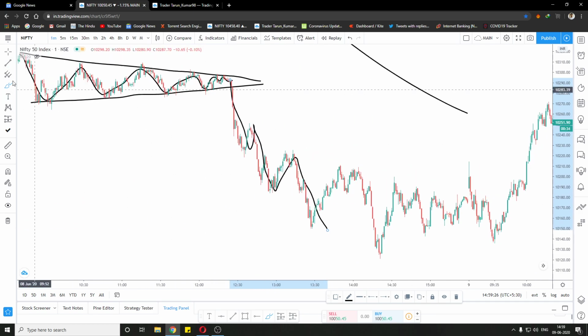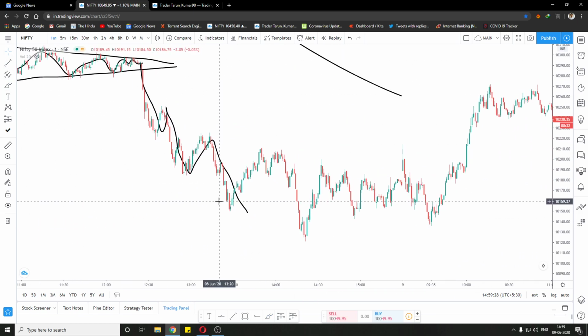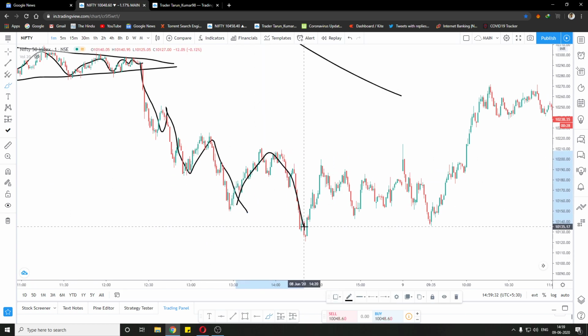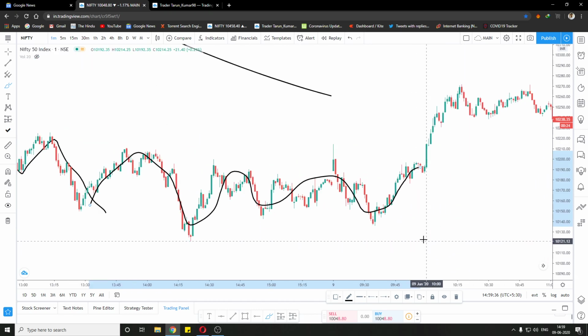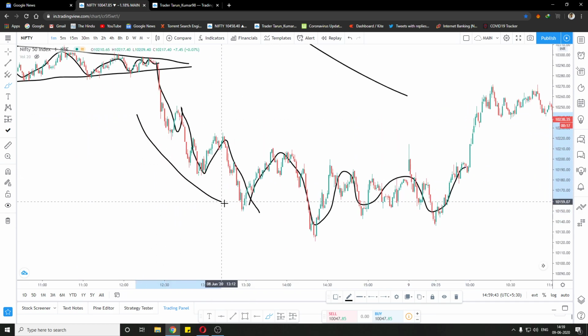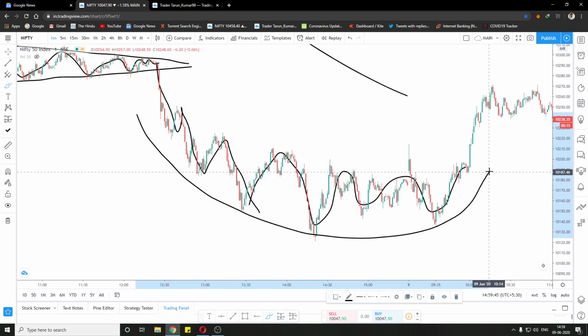And then we had this rounding bottom forming, and this is our rounding bottom, and I gave a call to buy in the morning at 9:51 at this point, because the market is not making any big swings and the bottom is rounding.